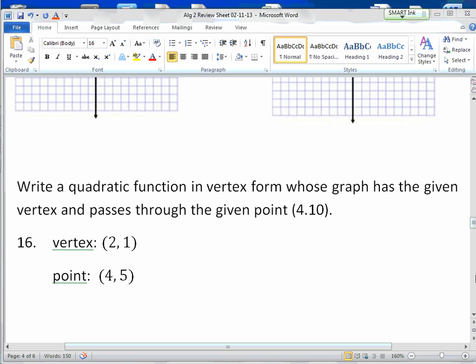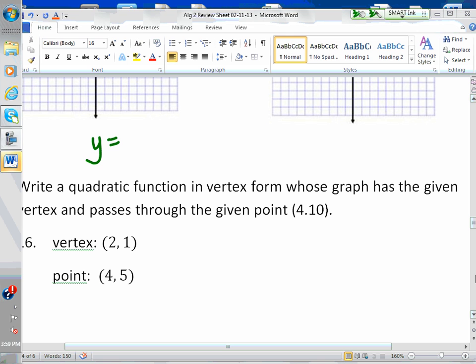So vertex form means y equals a times x minus h squared plus k.